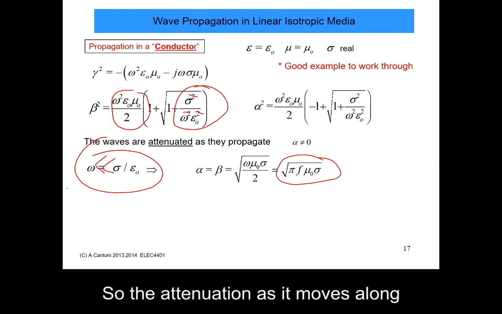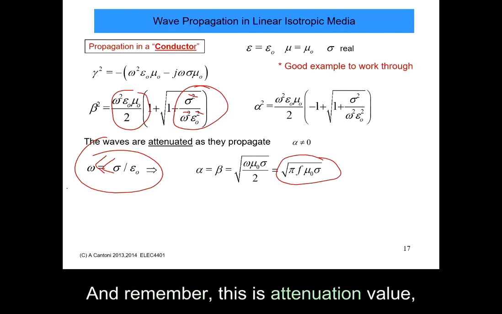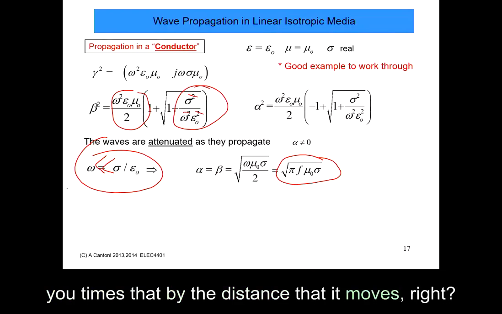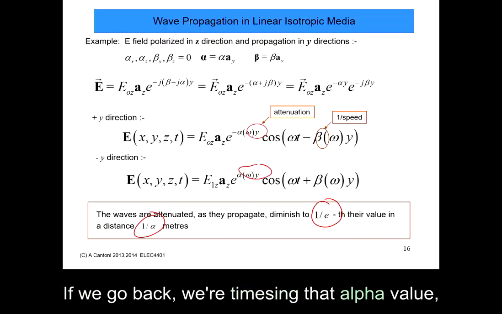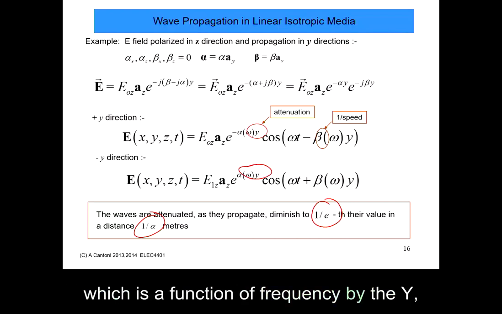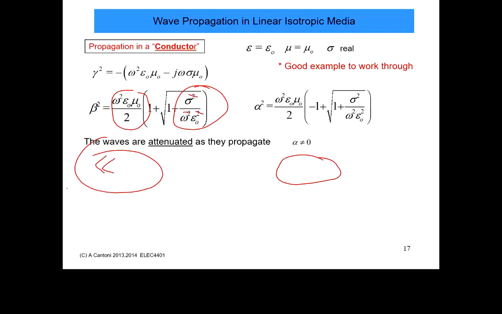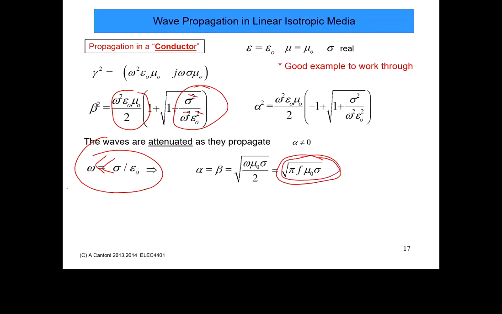So the attenuation as it moves along is going to be the frequency times the material, right? And remember, this is attenuation value. You times that by the distance that it moves, right? If we go back, we're timesing that alpha value, which is a function of frequency, by the y, how far in y we've moved, right? So just keep that in mind. So it drops off like this the more as we move through y.